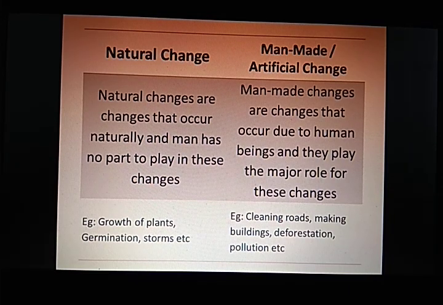Okay, natural change and man-made change. Man-made change, as you can see, also has a name called artificial change. Man-made and artificial are the same.